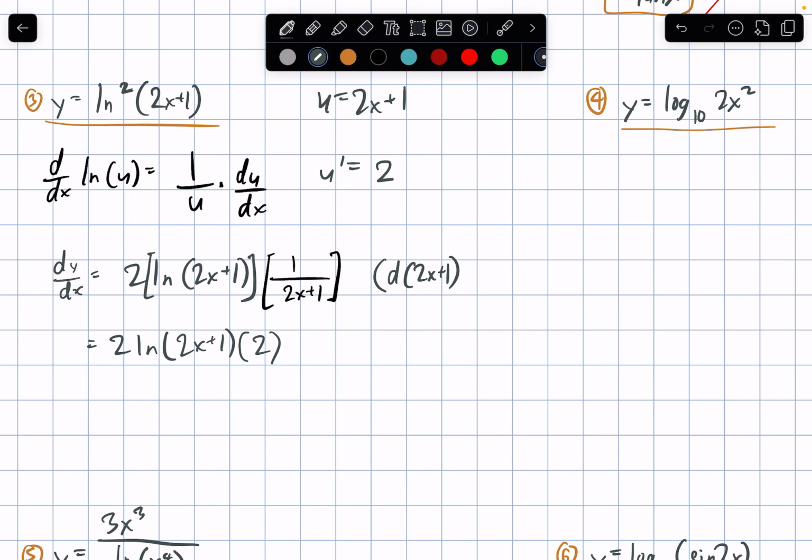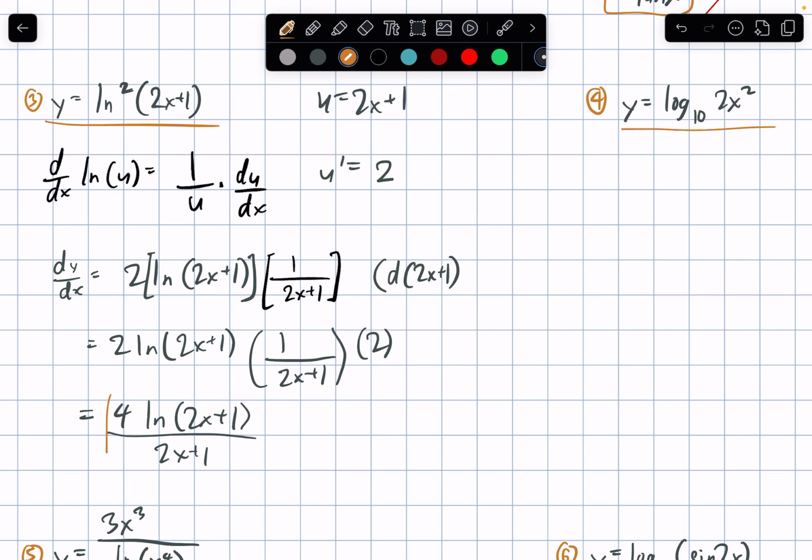Okay, so as a result, let's just simplify. 2 times 2 is going to be 4 ln 2x plus 1 over 2x plus 1. I think this is good. Although according to the answer key, we could still rewrite this as, that's weird.